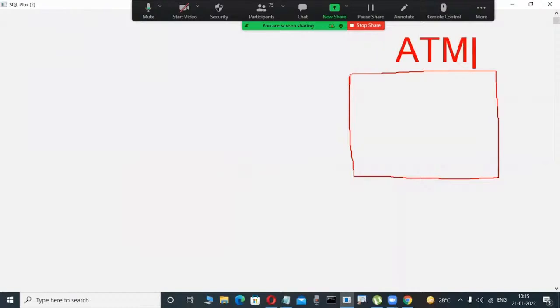Now check the scenario, slowly observe. This is an ATM machine, for example. One scenario I'm telling. What is the balance in my account? 3000 is the balance, for example.